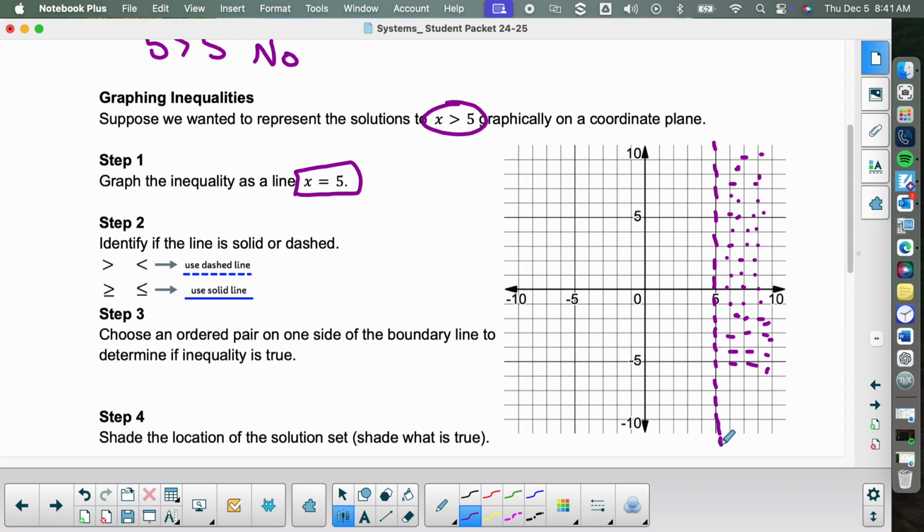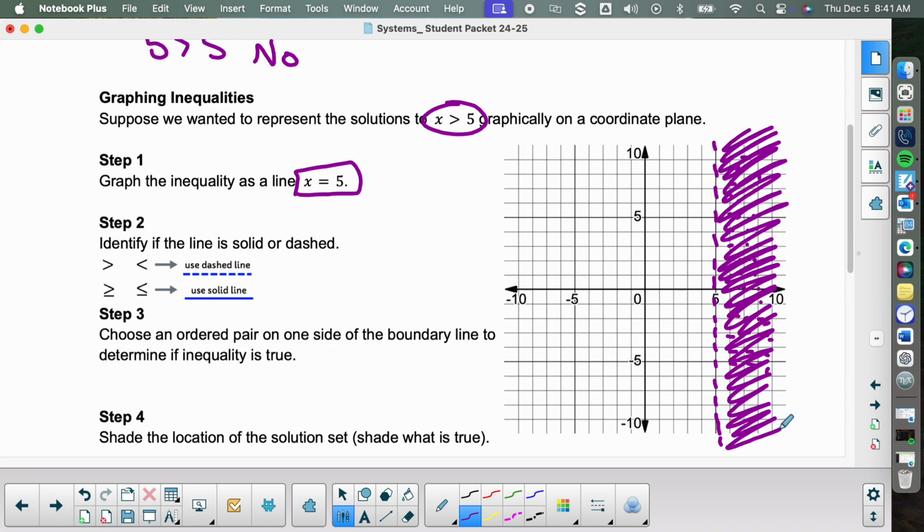I'm not looking for fantastic artwork here. For me, it's kind of impossible with the marker. But essentially, this is what the answer to what we wrote down would look like. Those are all the numbers bigger than 5. I'm guessing this one makes sense and is okay, correct? Okay.